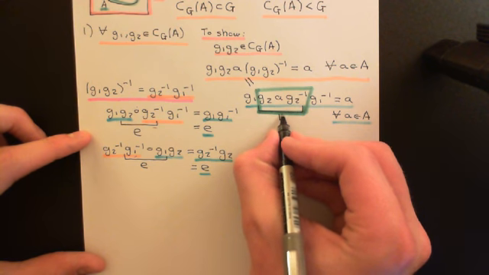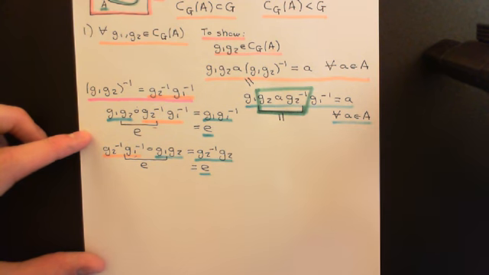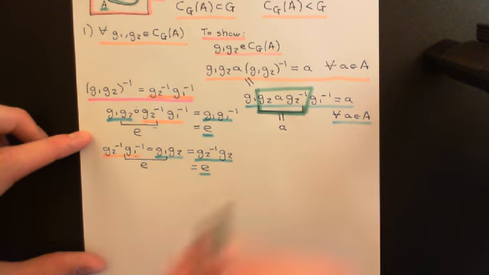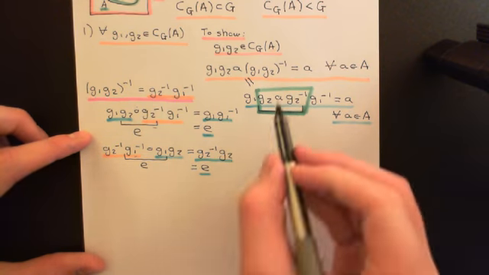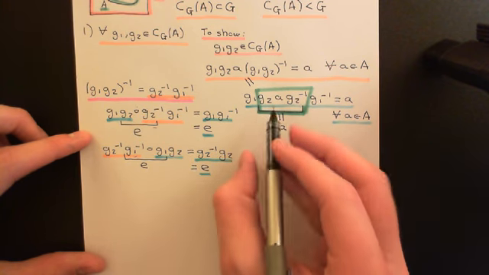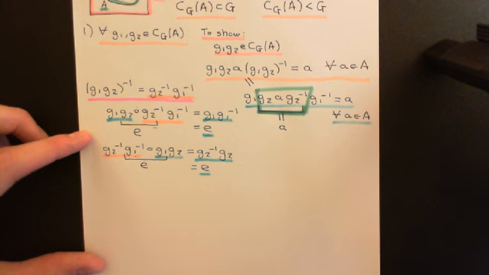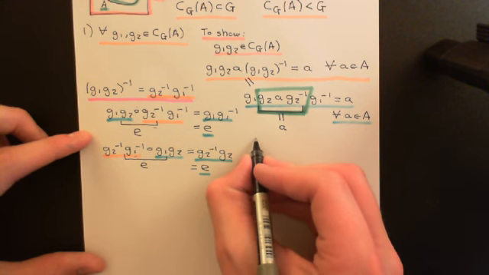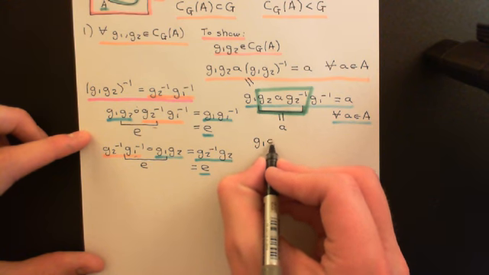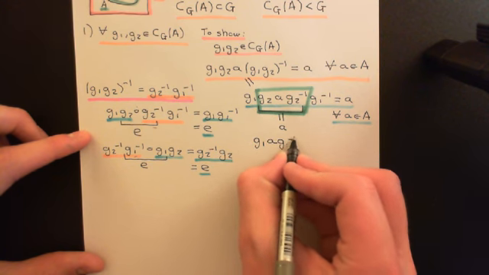Well, because G2 is an element of the centralizer of the subset capital A in the group capital G, I know that when I conjugate little a, which is an element of the set capital A, by G2, I'll always end up with that element little a back again. Okay, so now I can replace G2 A G2 inverse with little a because G2 is an element of the centralizer of A in G. Okay, so now what this expression becomes equivalent to is G1 A G1 inverse.